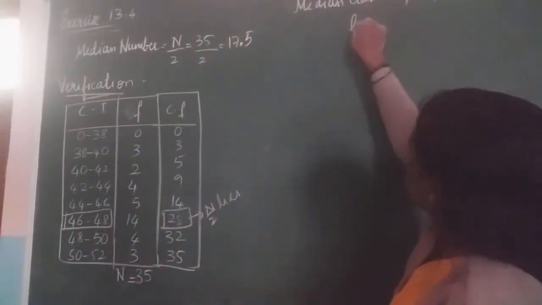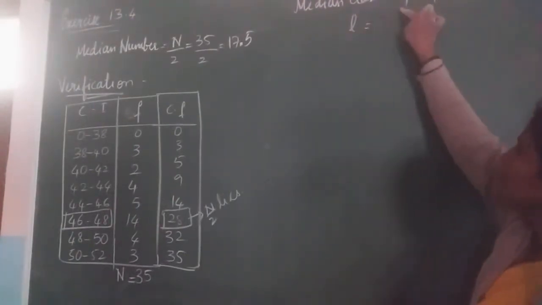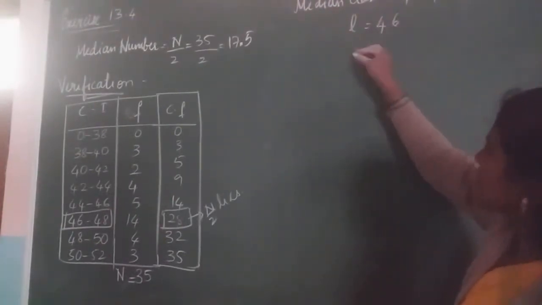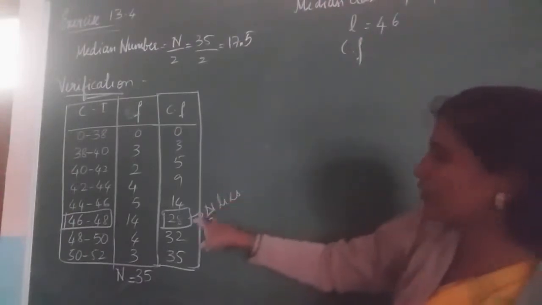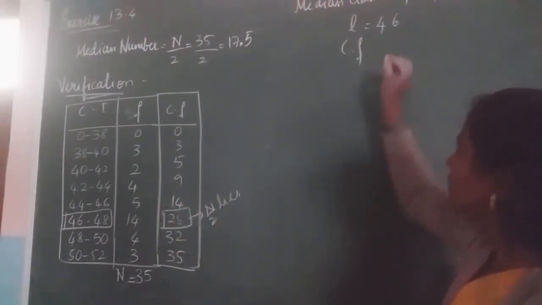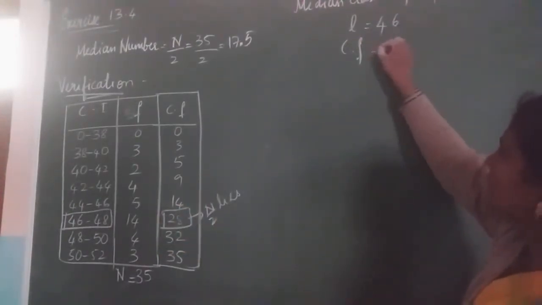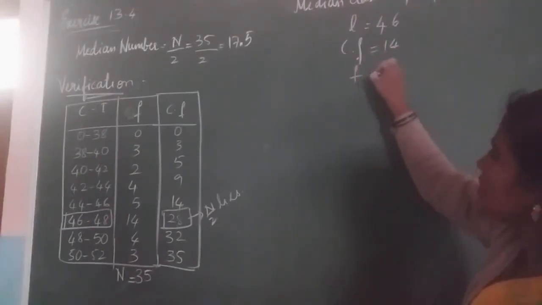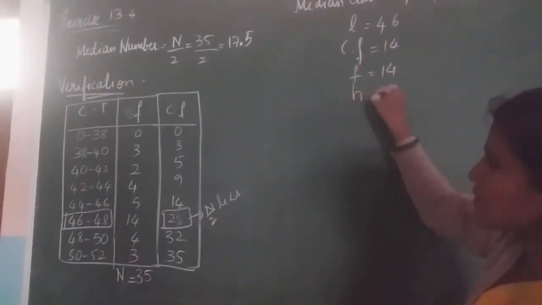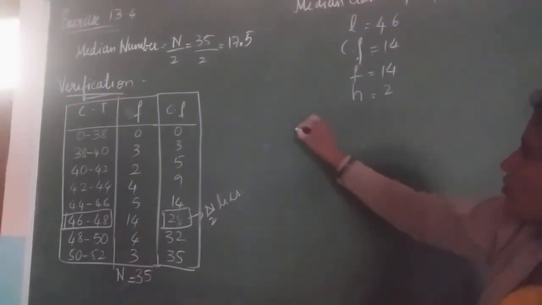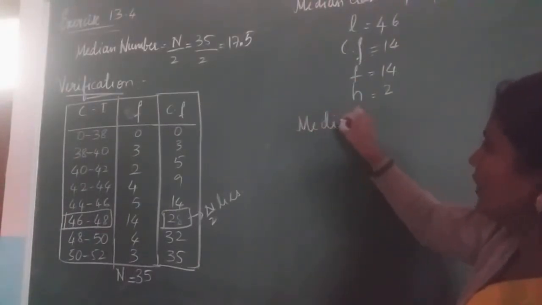Now what is L? L is nothing but the lower limit of this median class. It is 46. CF is the preceding CF of that median class. It is 14. Frequency is 14. What is the class size? 2. So let us take the median formula.